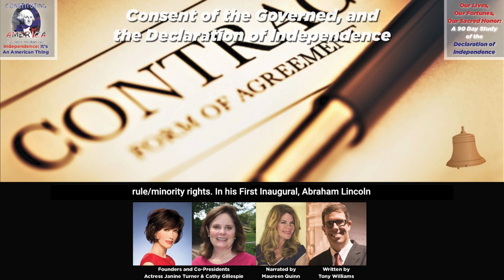In his first inaugural, Abraham Lincoln reasserted the underlying principle of majority rule and consent. Lincoln focused attention on the need for a sense of restraint in popular government and the checks and balances and other devices that help provide limits.